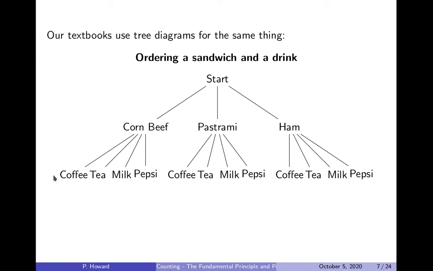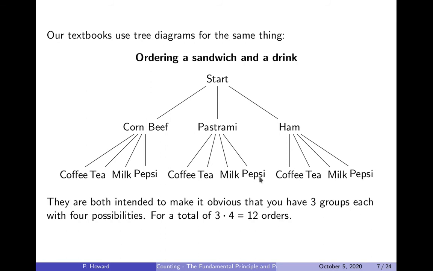And down here at the second level below start, we are choosing our beverage. A path beginning at start and ending on the bottom level through the tree represents an order. For example, start, pastrami, Pepsi represents the order of a pastrami sandwich and a Pepsi.